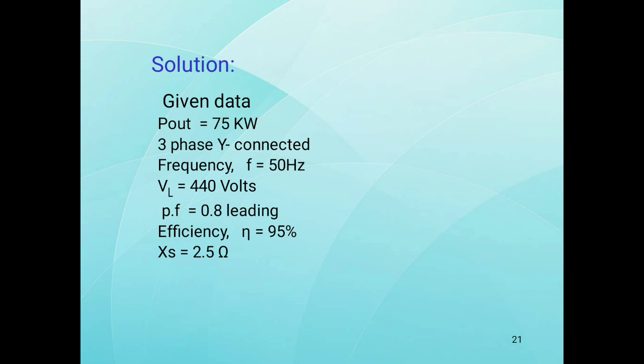Given data: P out is equal to 75 kilowatts, three phase Y connected. Frequency is 50 Hz. VL is equal to 440 volts. Power factor is 0.8 leading. Efficiency is 95%. Xs is 2.5 ohms.